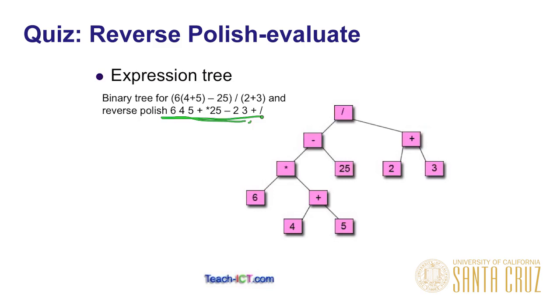So we get 6, 4, and 5, and then we have plus, and when we have plus, we'll get an evaluation, and we continue with the topmost evaluation in the tree being here. So you can see how this maps into the tree. So take a second and compute this tree.